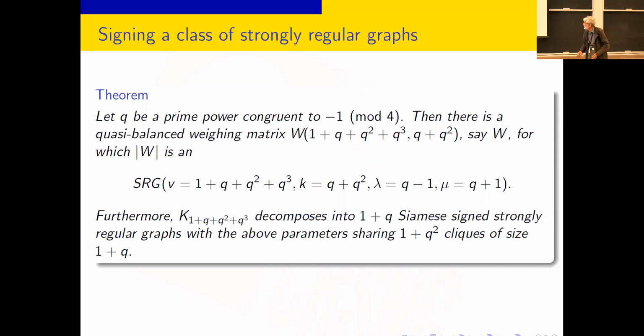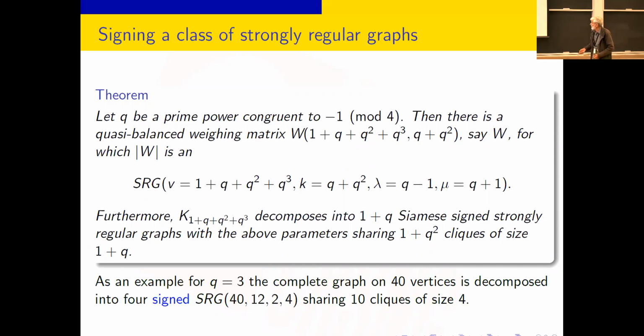Let me give you an example: here is 40, 12, 2, 4. If you apply all of this to q equal to 3, you get 40 for the order, since 1 plus 3 squared plus 3 cubed is 40, and you get 12 non-zero entries and 2, 4. So let me show you the first one.